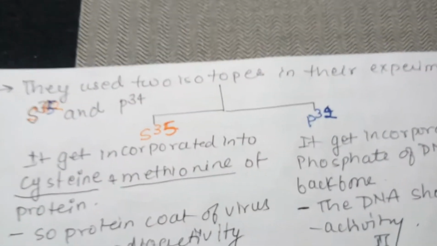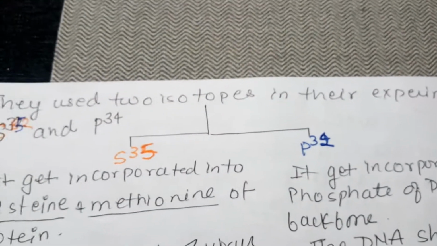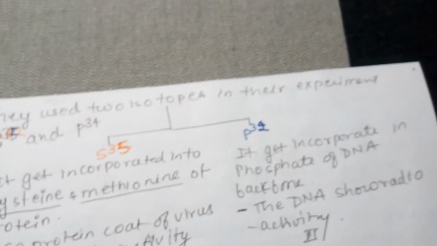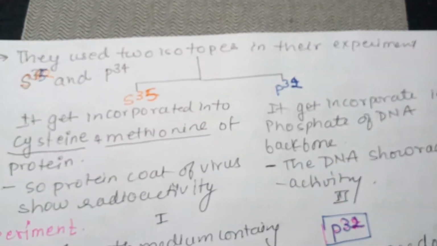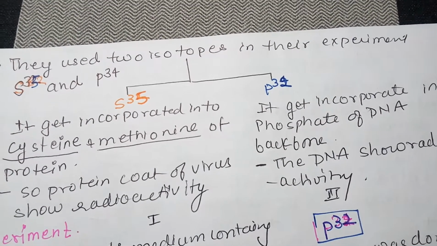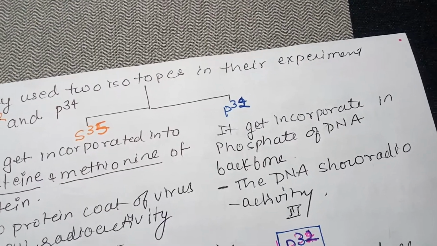So they make use of radioisotopes. Radioisotopes are the isotopes which show radioactivity, and we have methods to measure the radioactivity.